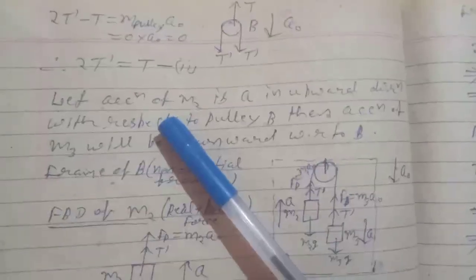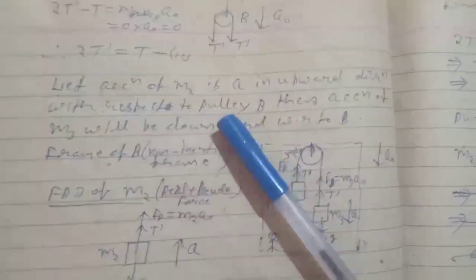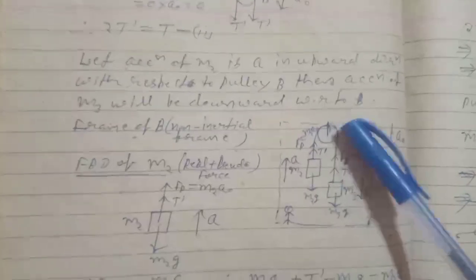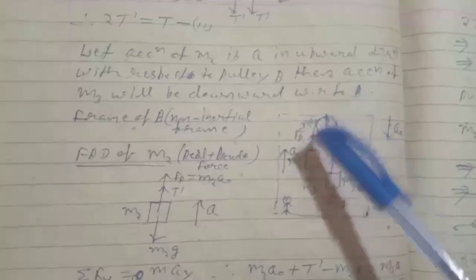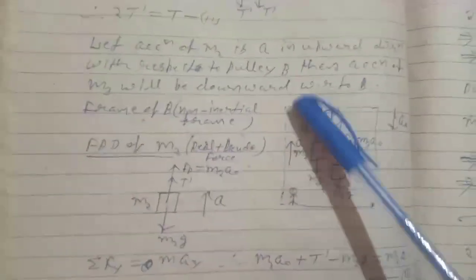Let the acceleration of M2 be A in the upward direction with respect to pulley B. Then the acceleration of M3 will be A downward with respect to B. If we consider the acceleration of M2 and M3 from B, it is A in the upward direction for this body and A in the downward direction for this body.